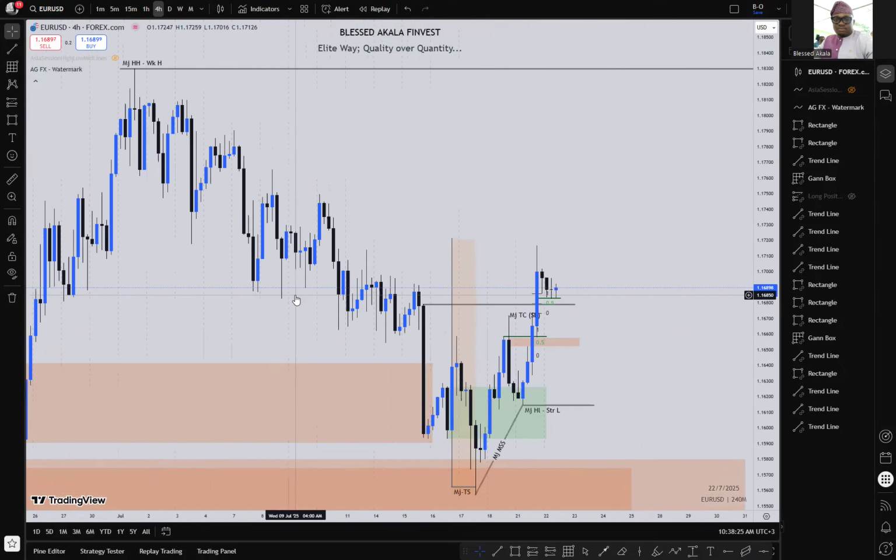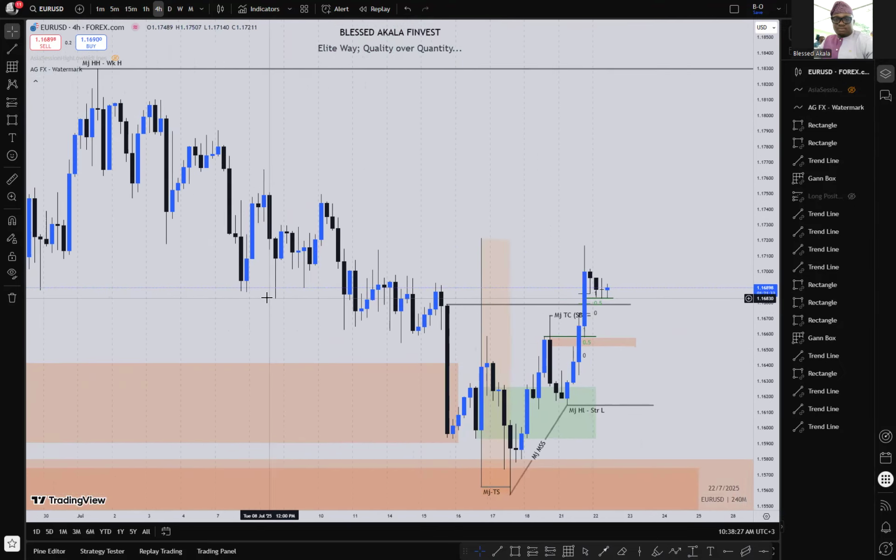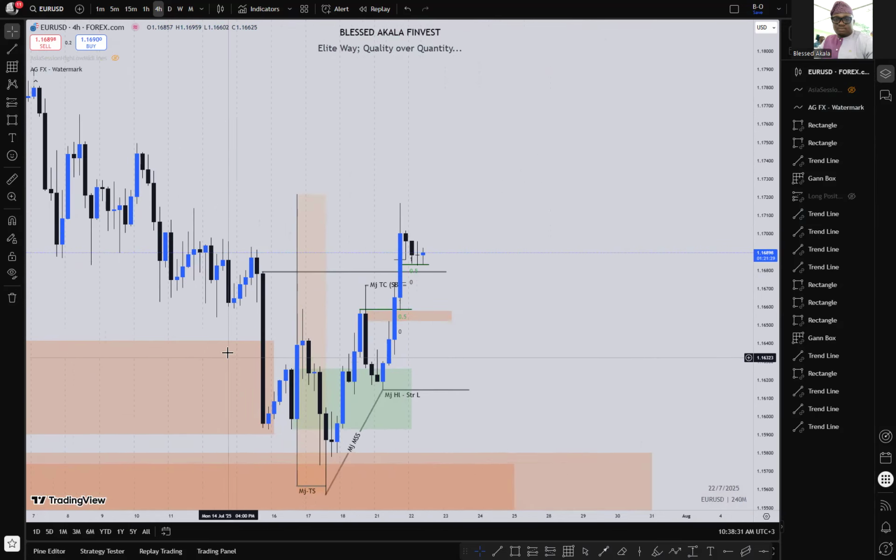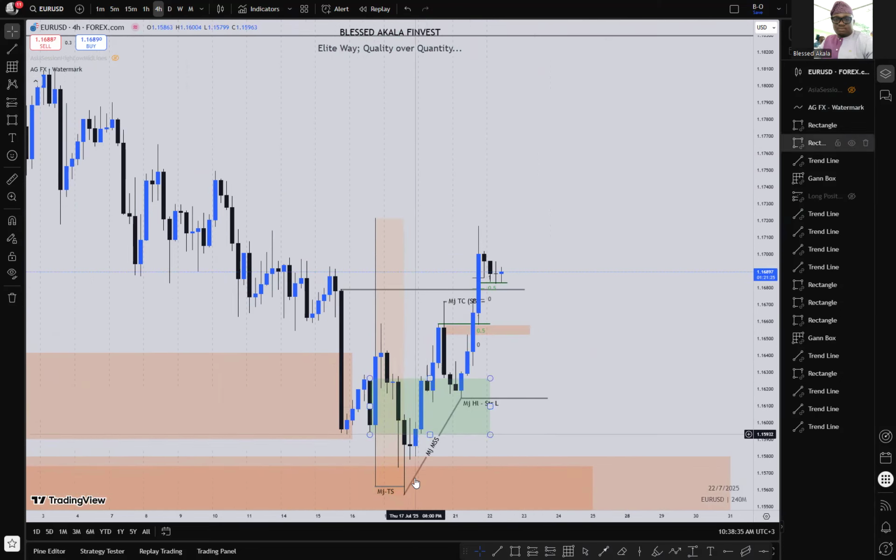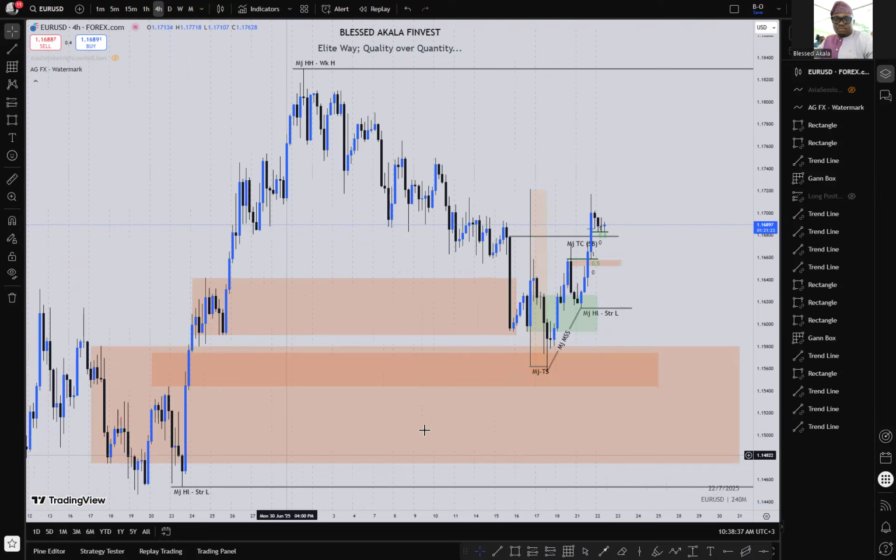So it is better to forward test and see things unfold yourself. So we've gotten this reversal, reacting from our fair value gap on daily.